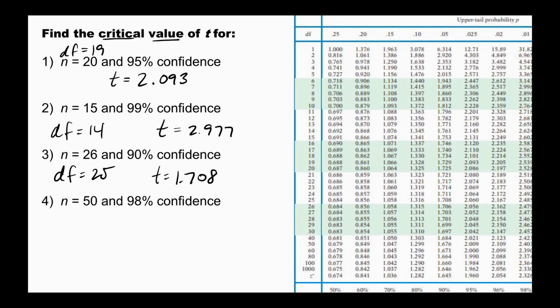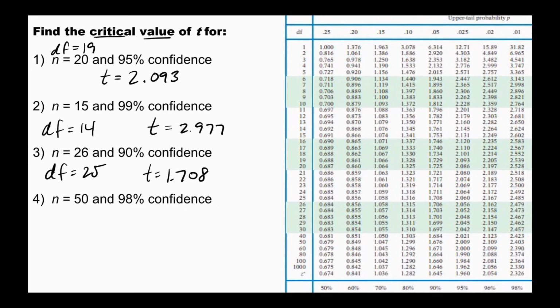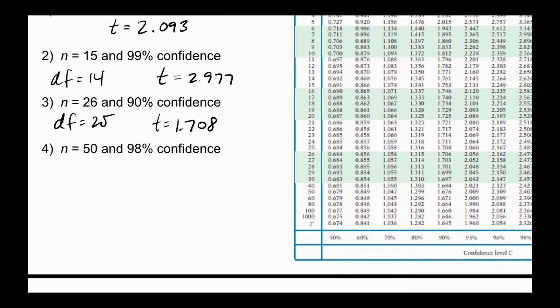So number 4, after 29, it goes by tens. So degrees of freedom here for number 4 is 49. That's not on my list. Yeah, you use exactly what you said. You use the one that's closest to it. The one that's closest to it is 50. Is that exact? No. But it's the best we could do with the table.